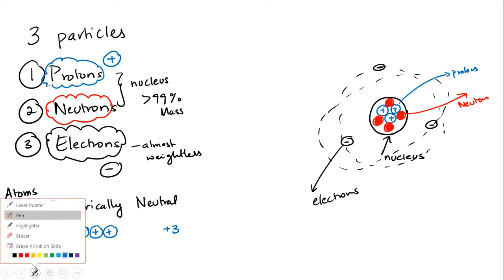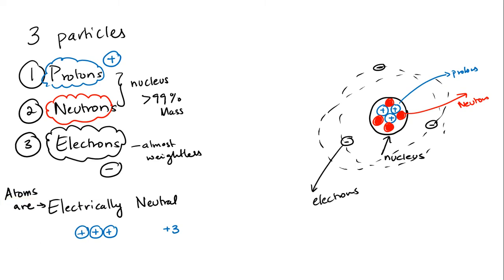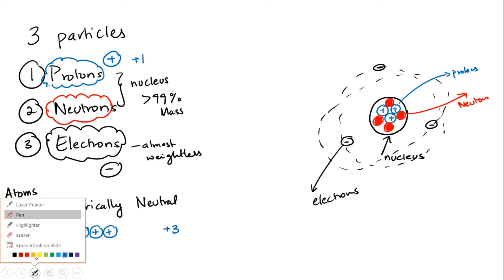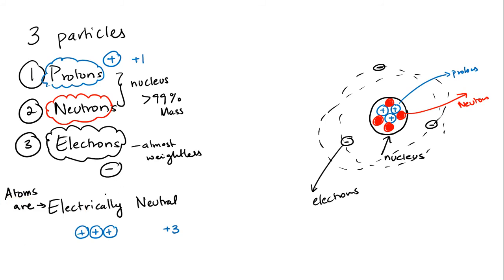Each proton has one positive charge, so a plus 1 charge. And each electron has one negative charge, so a minus 1 charge for each electron. So if I have three protons, that gives me a plus 3 charge for the nucleus. And if I have three electrons, that gives me a minus 3 charge.